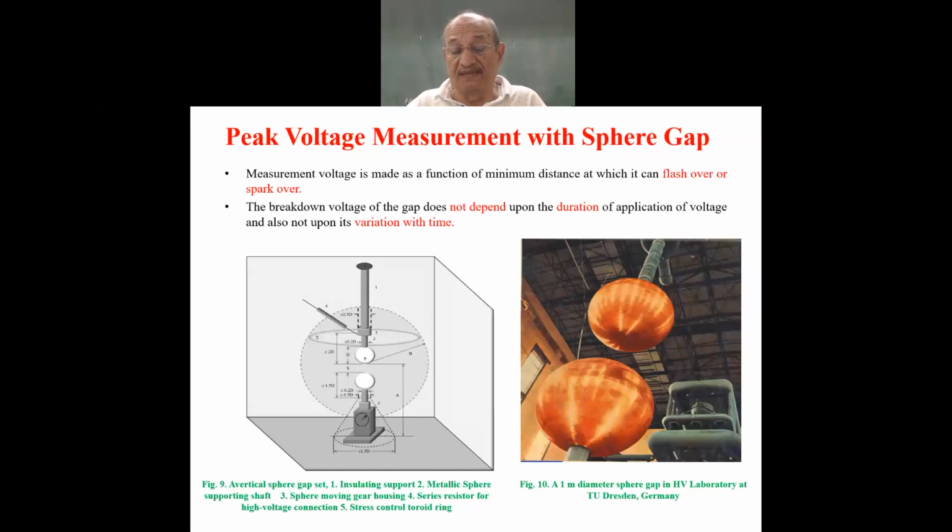That is, there is a consistency in the breakdown voltage between the two spheres because they form a weakly non-uniform field. And when you set the gap distance such that it is not greater than the radius of the sphere, you get a linear characteristic in breakdown with increasing gap distance, and that quality was utilized.